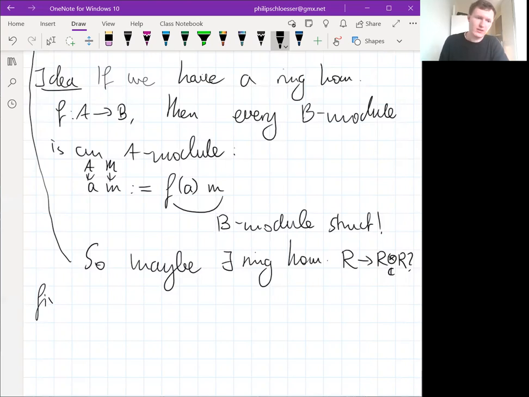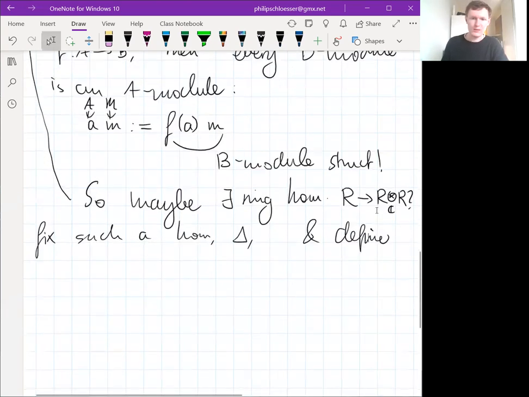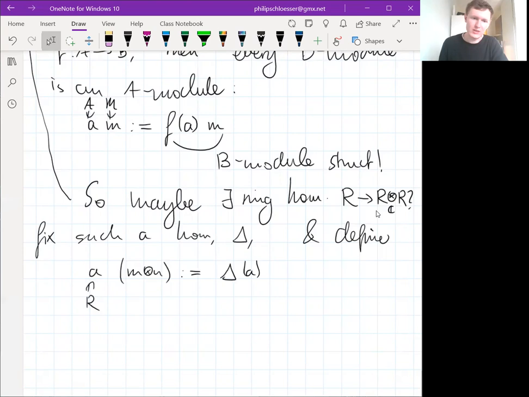So yeah, fix such a homomorphism called delta. Fix such a hom delta and define an element of our ring times M tensor N to be this thing.